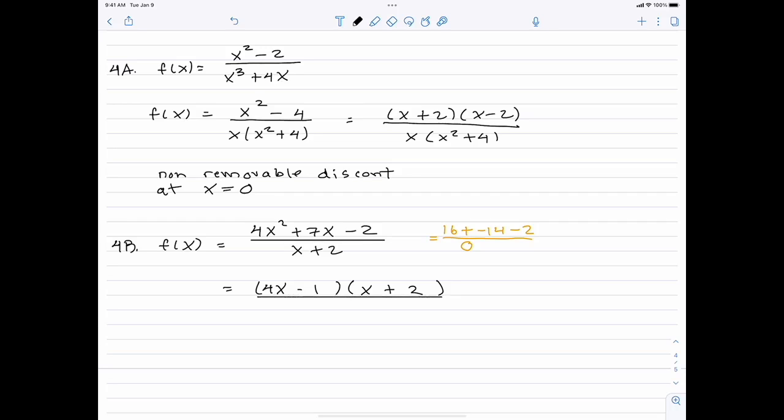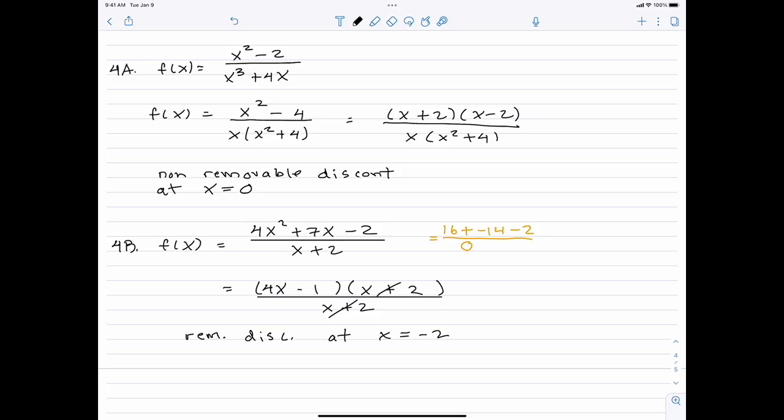So in this case, I think you guys would agree, the x plus 2's cancel out. So there is a removable discontinuity at x equals -2. Okay, let's keep on going. I feel like I can finish this.